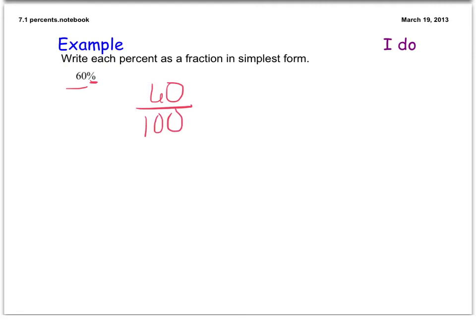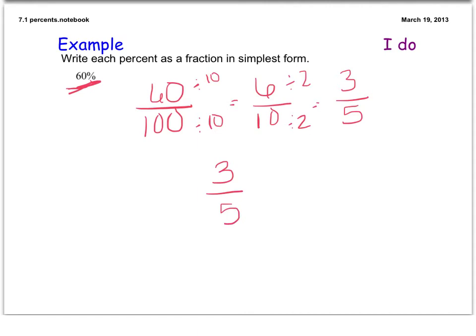Now I'm going to reduce this, so I'm going to divide the top and bottom by, let's say, 10. And I'll have that as 6 over 10. We're going to divide that even further by 2. And we get 3/5. So this percent as a fraction is 3 over 5.